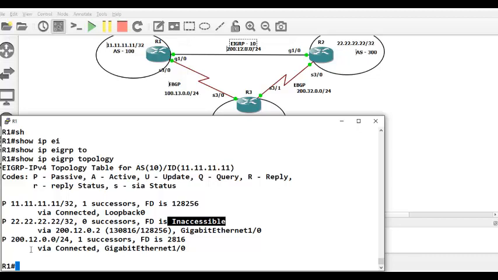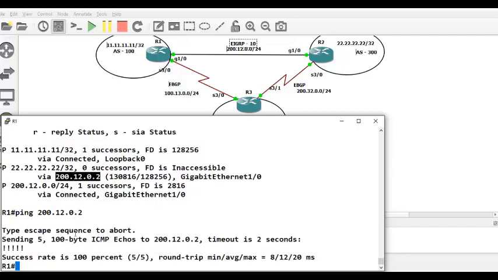Administrative distance is higher. That is why it is inaccessible. Even though this gateway is pingable, you are not able to use it because of the administrative distance. EIGRP gives it, but the routing table is not accepting it.